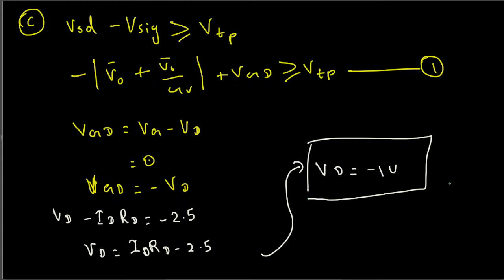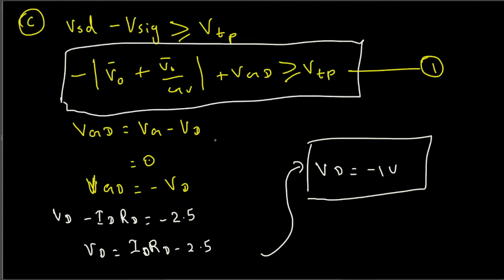Once you have that, you can go back to this equation right here, and instead of VGD, put minus VD. VD is minus 1 volt, so when we put it here, the minus 1 turns into plus 1.